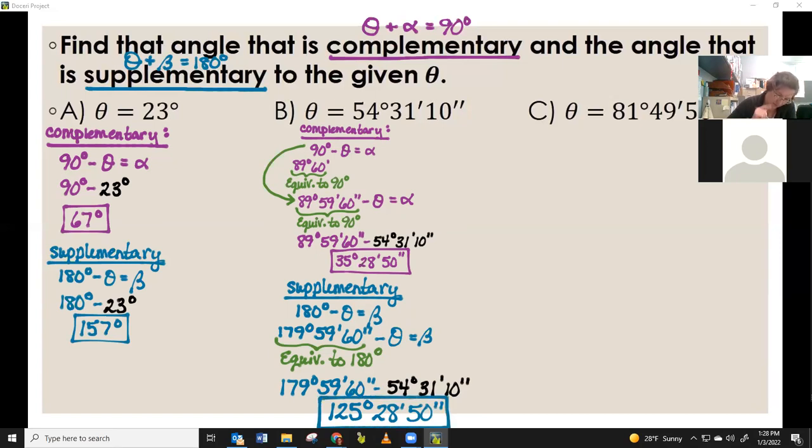I want you guys to do the third example, part C, on your own. I'm going to give you about 2 minutes or so for that, and then we are going to compare.